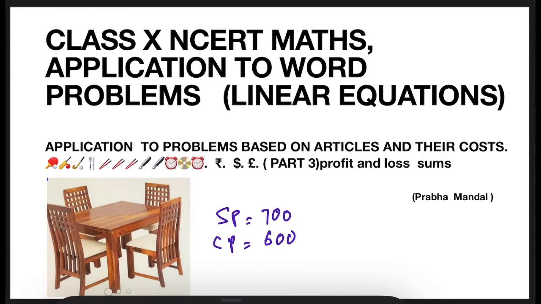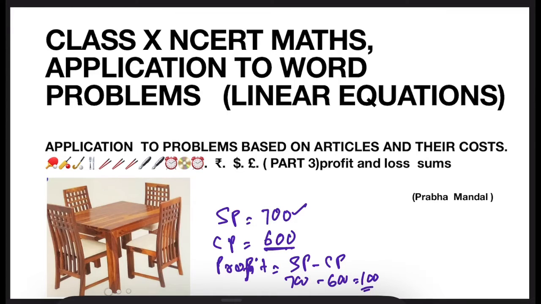Here is profit because you bought for 600 and you are selling for 700. That means you are getting more money. When you are getting more money, that is your profit. So, profit equals SP minus CP. That means 700 minus 600, that means 100 rupees profit we got.